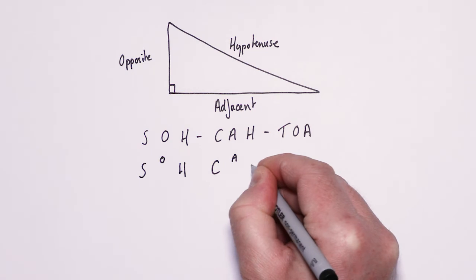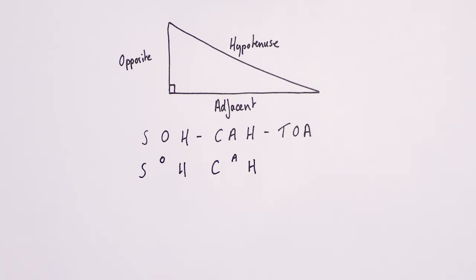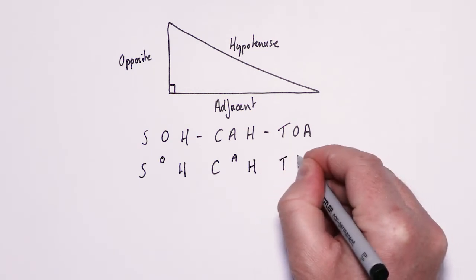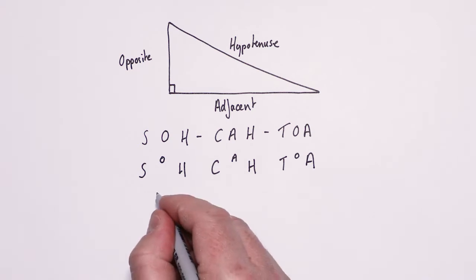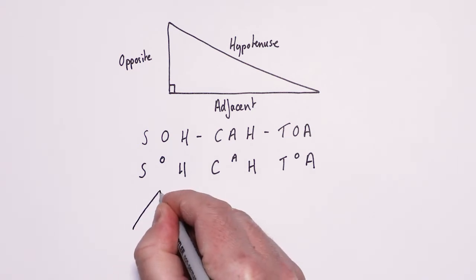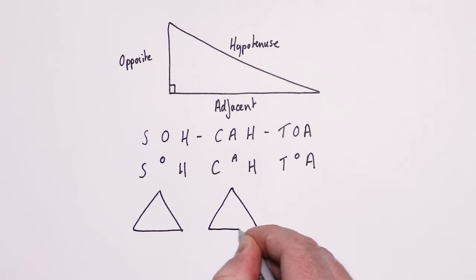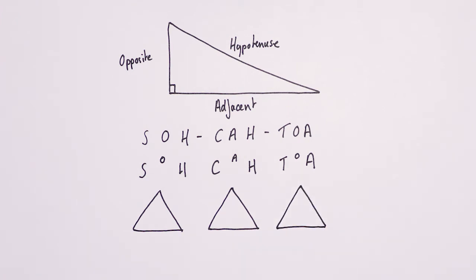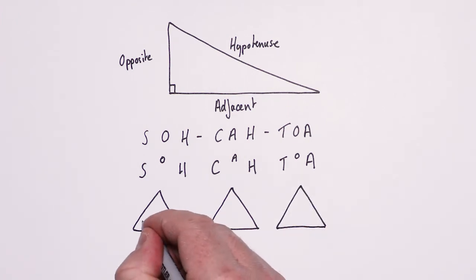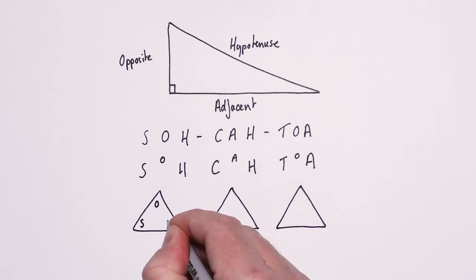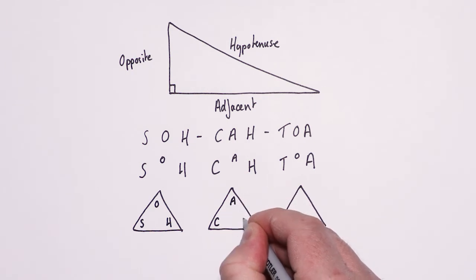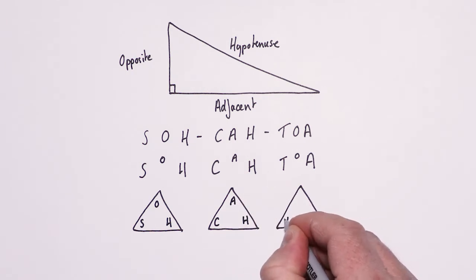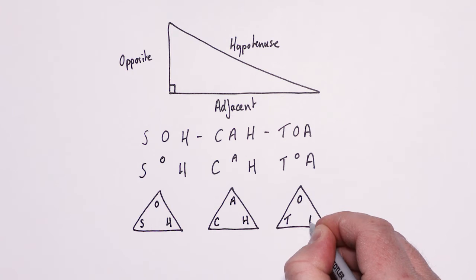C, A, H with the A higher up. And T, O, A with the O higher up. Next, underneath each one of these, you can draw a triangle. And you can write the letters in the triangle. So S, O, H, C, A, H, T, O, A.